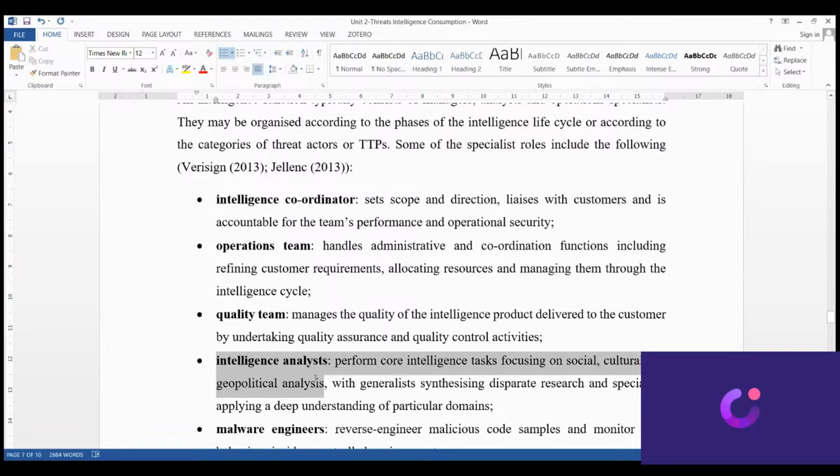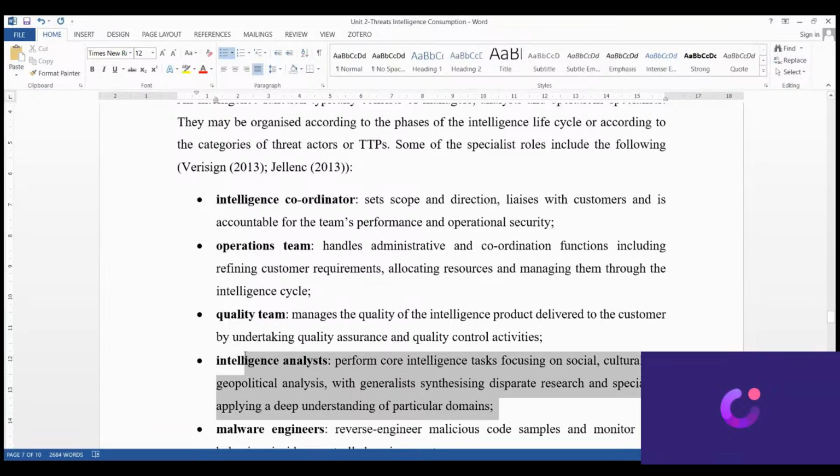Then the intelligence analyst performs core intelligence tasks focusing on social, cultural, and geopolitical analysis, with generalists synthesizing disparate research and specialists applying a deep understanding of a particular domain.